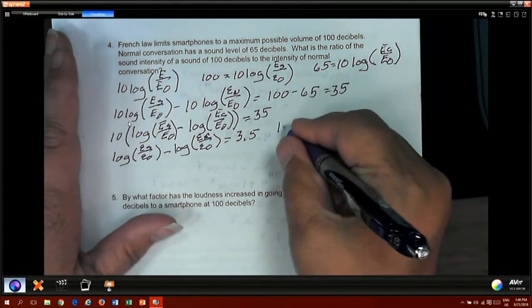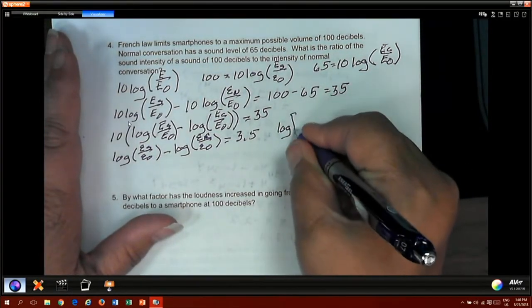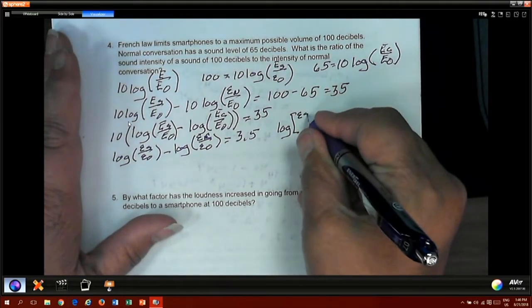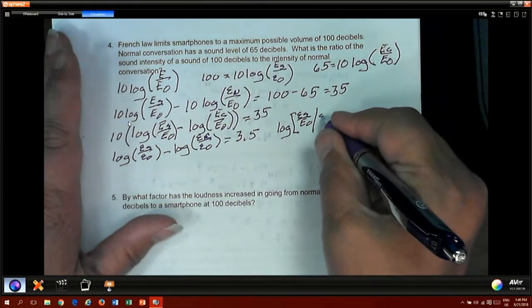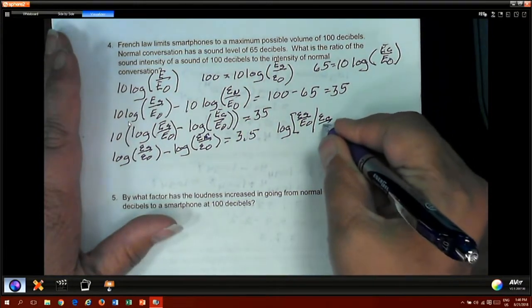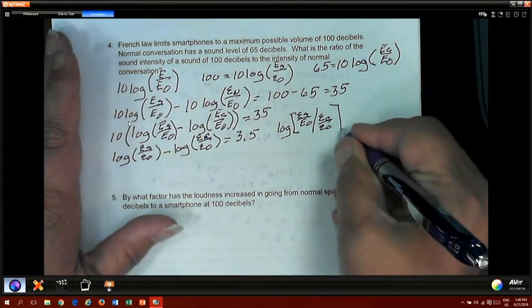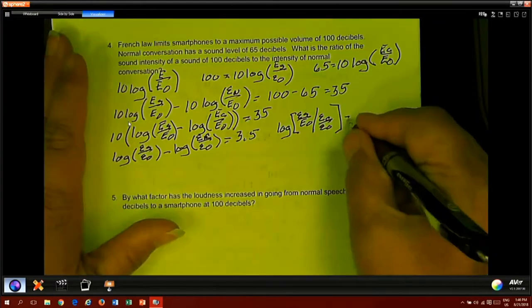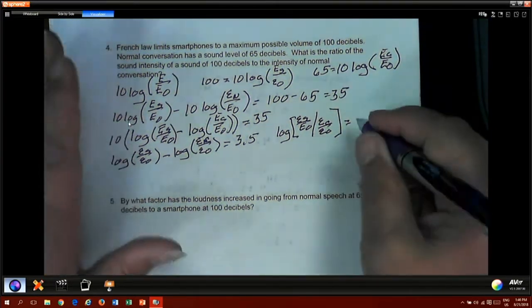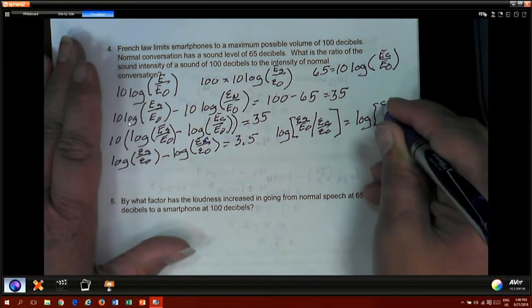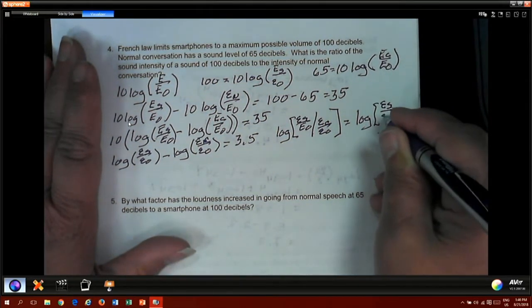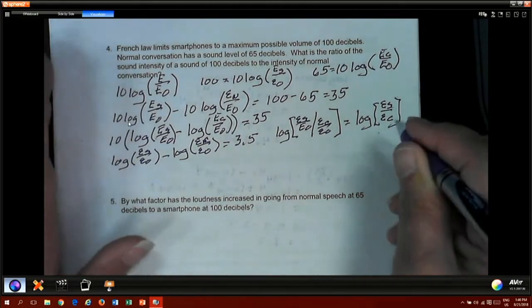So this becomes the log of E sub S over E sub 0 divided by E sub C over E sub 0, which, like we did before, simply becomes the log of E sub S over E sub C.